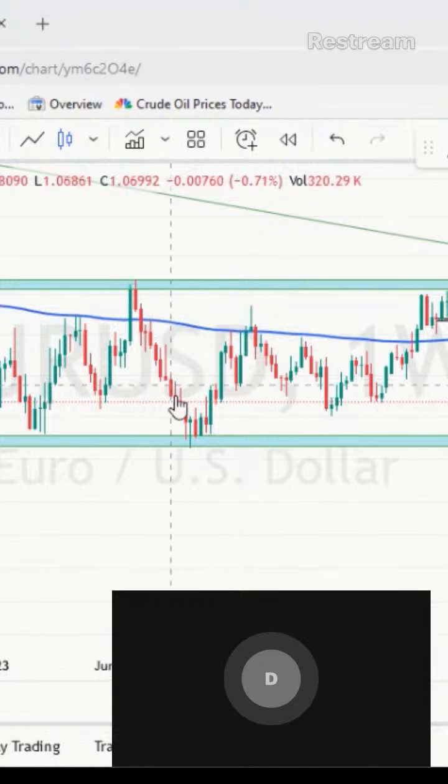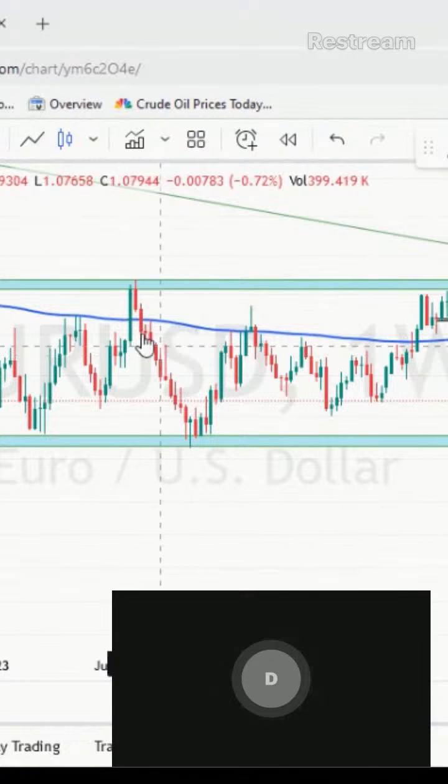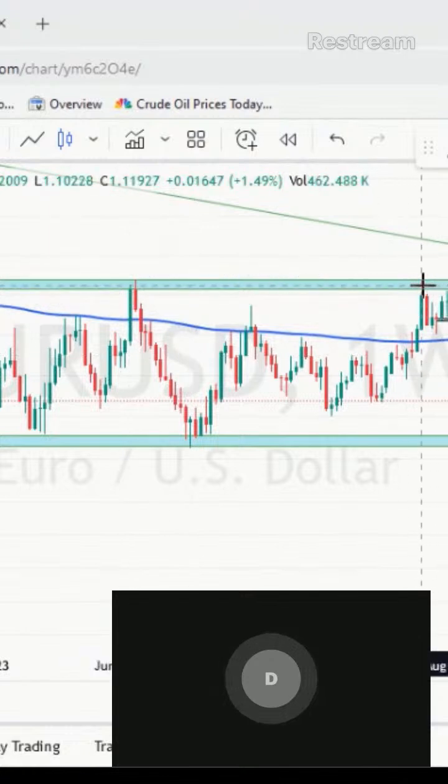That means the price has been trapped within this range as well. But if you look at this place, this is the last place that the price tested. The price tested the highs before it began the downward move. So that means this Euro USD is currently on the sell, on the bearish move.